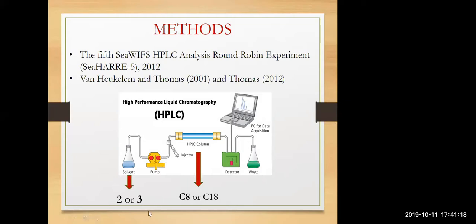And also another difference among methods is solvent usage. Some methods use 2 solvents, others use 3. For example, the method of Thomas uses a C8 column and 3 solvents for pigment separation in the chromatographic column.